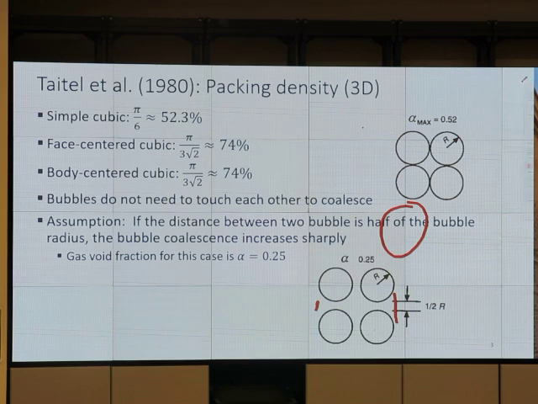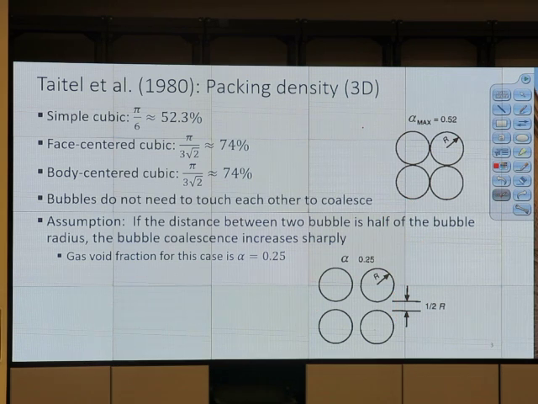Okay, in Taitel's model, 1980, they proposed a mechanism for the criteria for the merge to happen. They start with the 3D model. 3D means that the circle is not a circle, it's like a sphere. Okay, spherical shape.